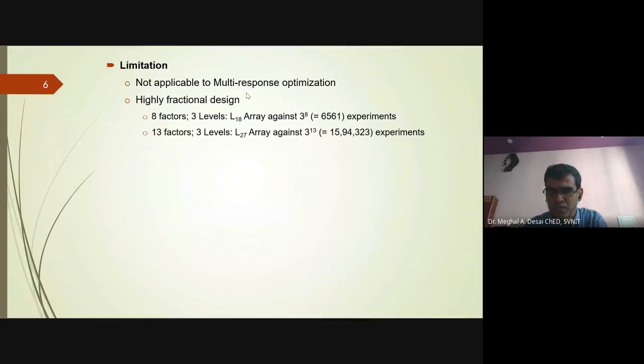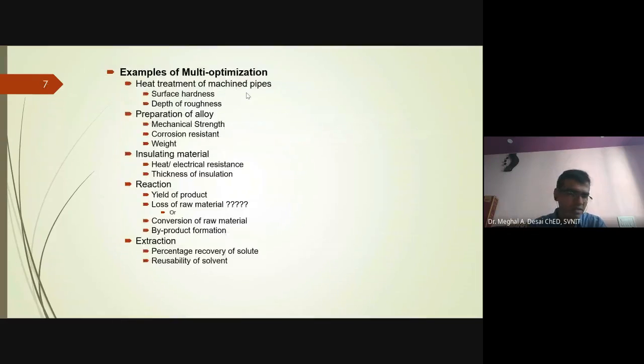Okay, but before that, let us go through a few examples where we need multi optimization or multi response optimization. If we talk about heat transfer, or from a mechanical engineering point of view, if you are preparing a pipe and you provide heat treatment to that, then not only the hardness but the roughness is also important.